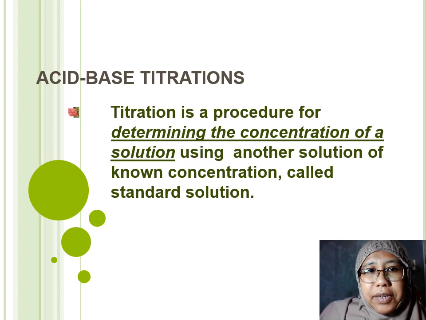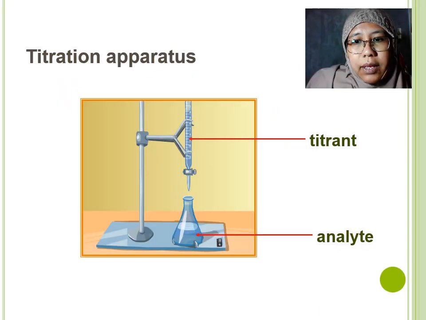We have done acid-base titrations in the lab. What is titration? It's a procedure to determine the concentration of a solution using another solution of a known concentration, which is called standard solution. Look at the apparatus setup here. We've done this before.